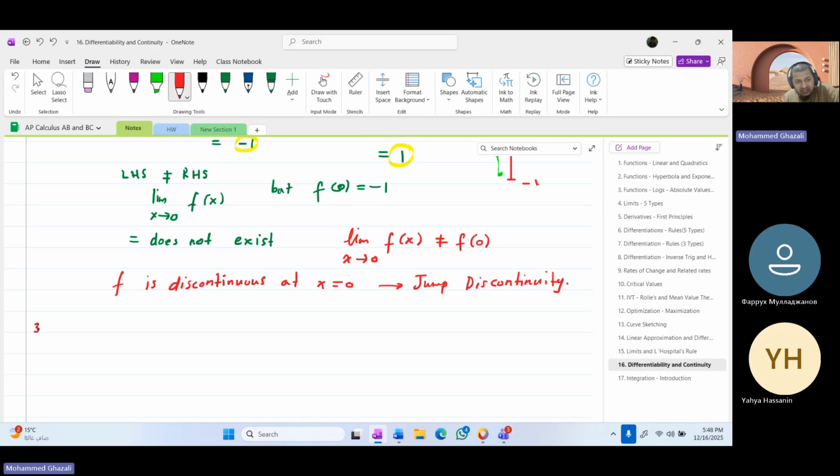The third type we get is infinite. Infinite discontinuity usually deals with the asymptotes. It's always discontinuous at the asymptotes.